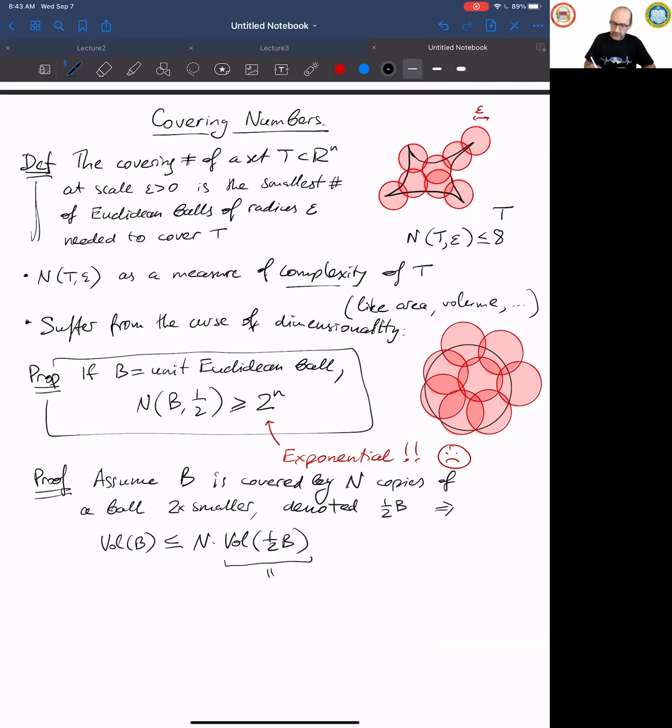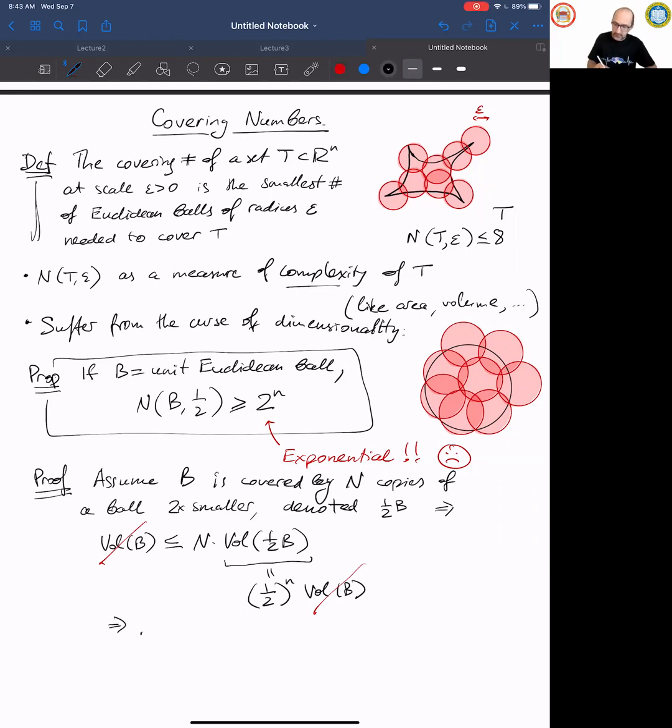And this scales like 1/2 to the n times the volume of B. That's how the volume scales. If you shrink something twice, then it scales like twice to the n. And that's it, that's a proof. Volume of B cancels on both sides, and you just rearrange the terms.